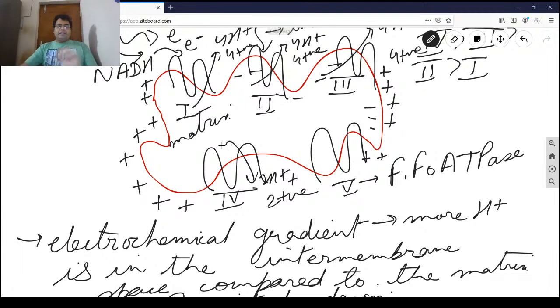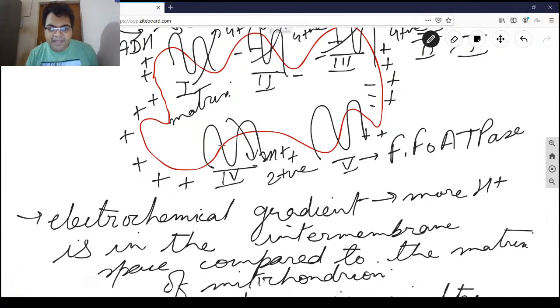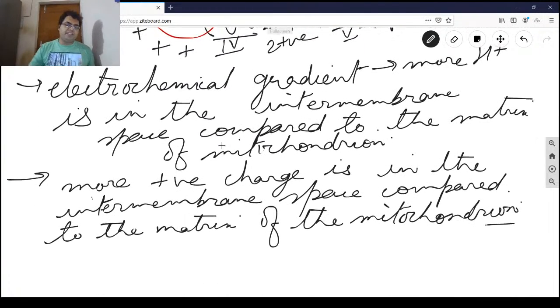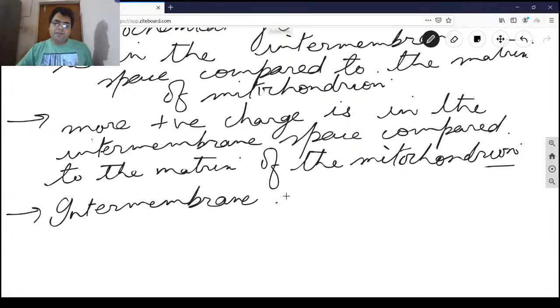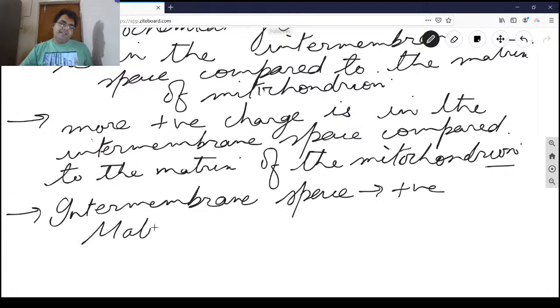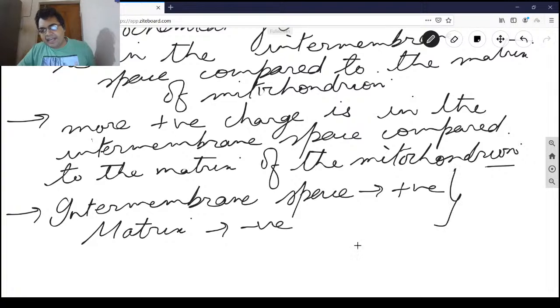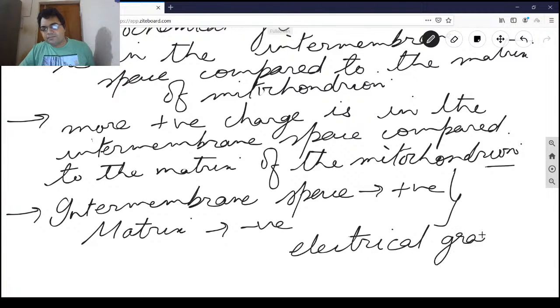The outside being more positive, the matrix being more negative, and the intermembrane space, the space between the outer and inner mitochondrial membrane, being positive and the matrix being negative, is what? An electrical gradient, right? It is an electrical gradient.